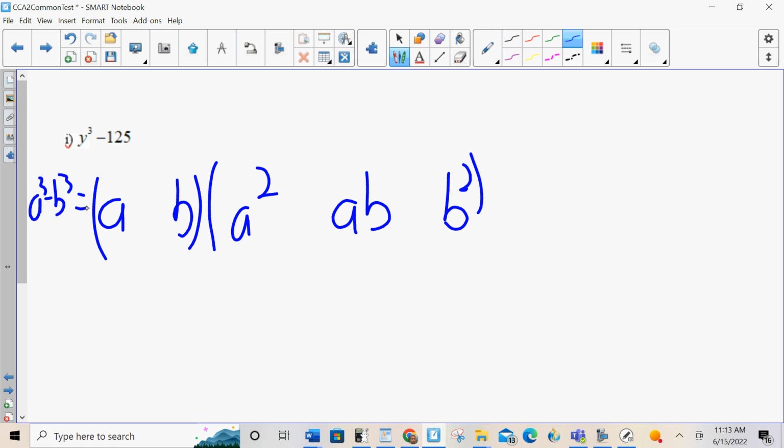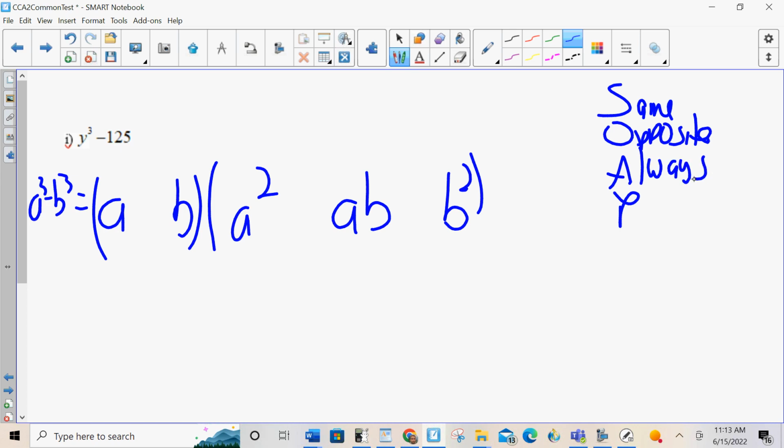The signs are SOAP: same, opposite, always positive. So the first sign is going to be the same as the minus, then it's the opposite of that, and then it's always positive. To find a and b, I'm taking the cube root of each.